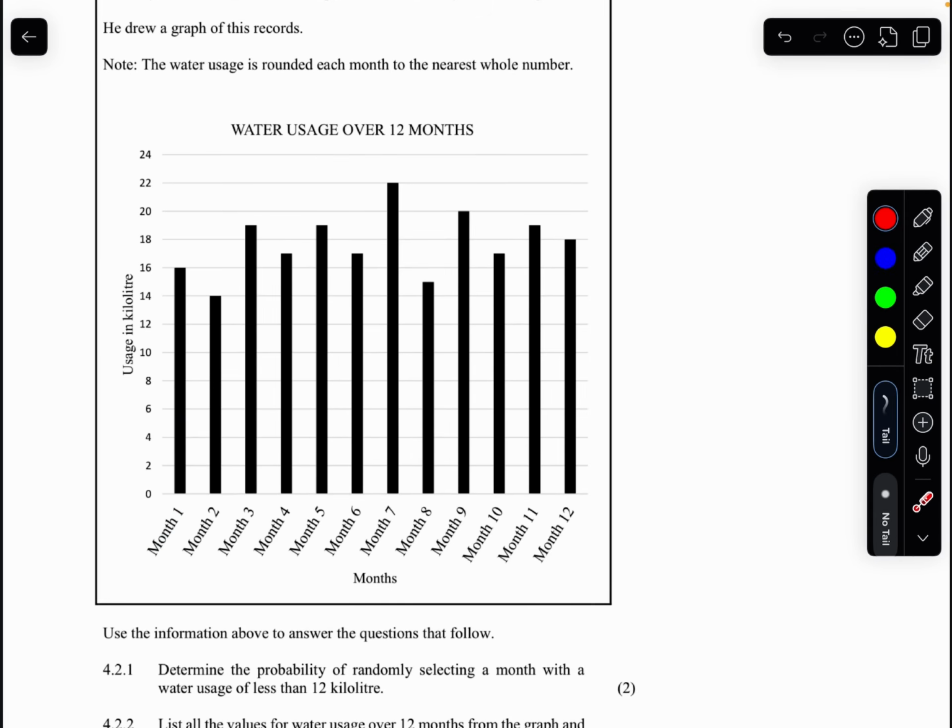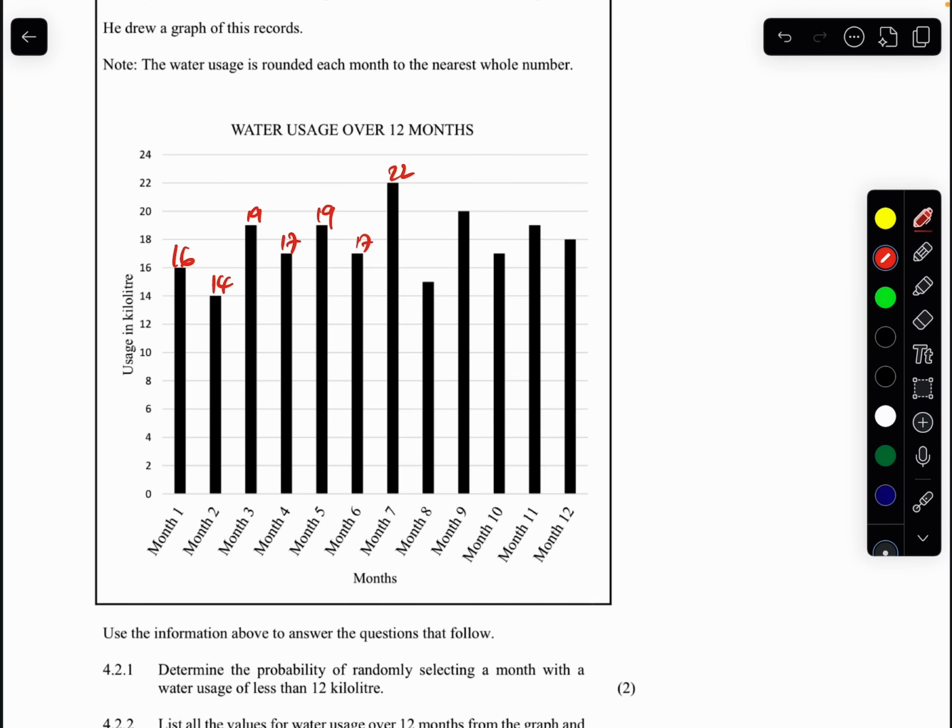So month one, let me write the numbers there so that month one is 16. Month two is 14. It's visible. Month three is 19. It's between 20 and 18, it's 19. Month four is 17. Month five is 19. Month six is 17.